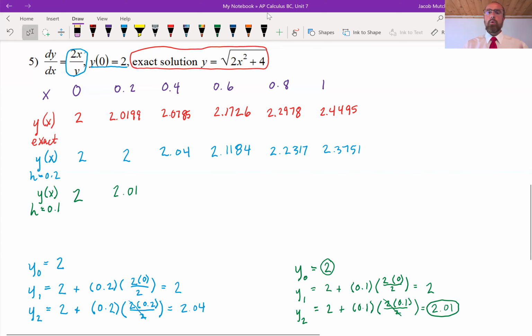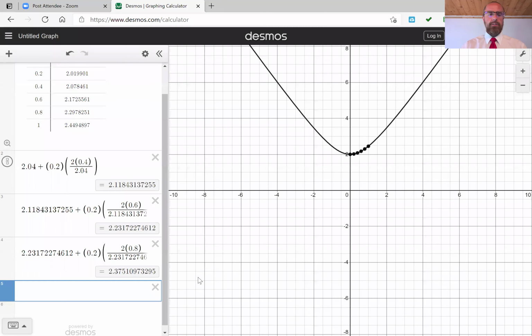So let's head one last time back to Desmos. And let's calculate these values using the step of h equals 0.1. So where we had left off was y sub 2, and that was 2.01. So let's calculate y sub 3. Again, we won't use this one, but I need it to get to the next one, y sub 4, which we will use.